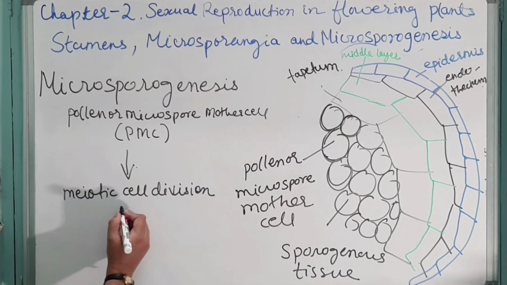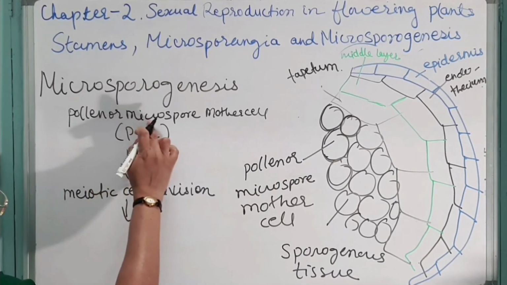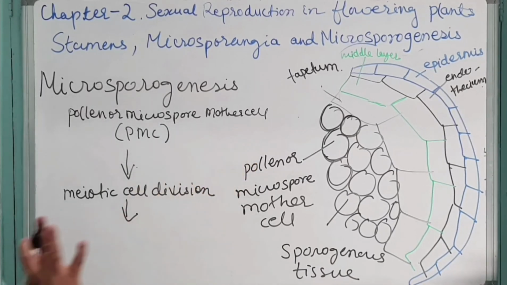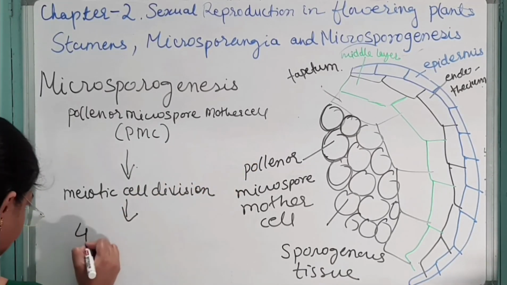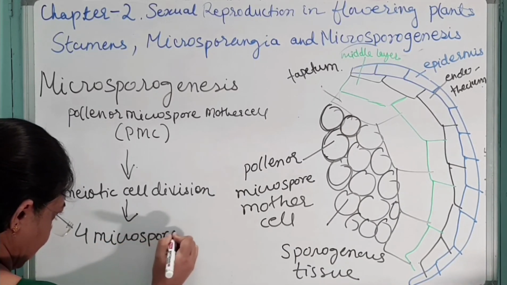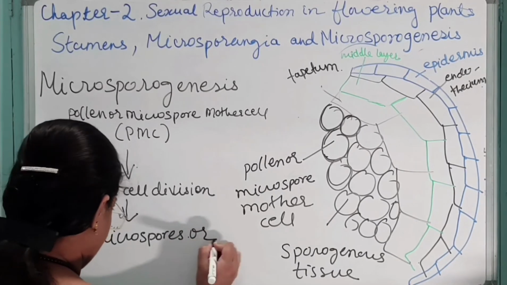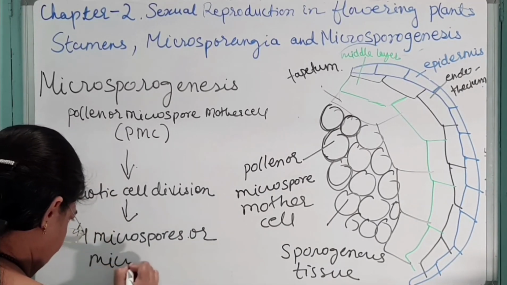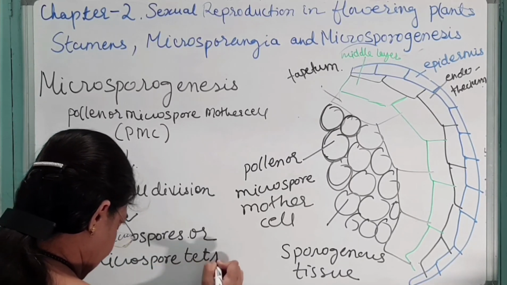Due to meiotic cell division, each pollen or microspore mother cell gets converted into 4 microspores. They are also called microspore tetrad.